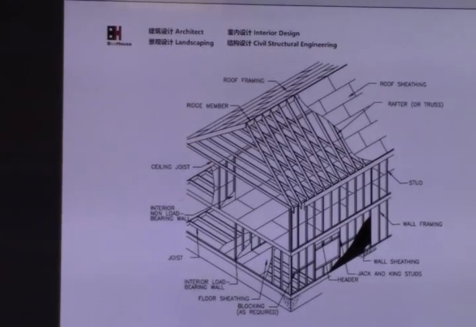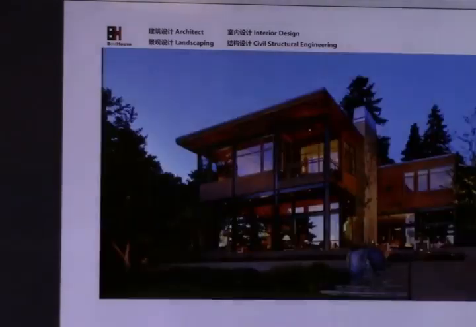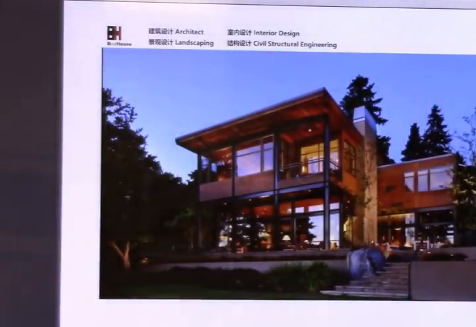So we have concrete, reinforced concrete, structural steel, wood construction, and there's also a combination, which is more used. This is a wood and structural steel combination. The wood gives you some wood feeling.